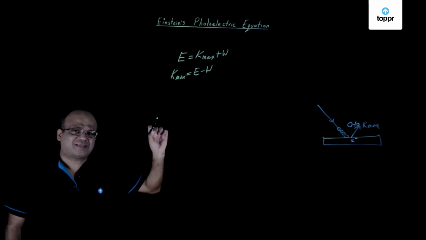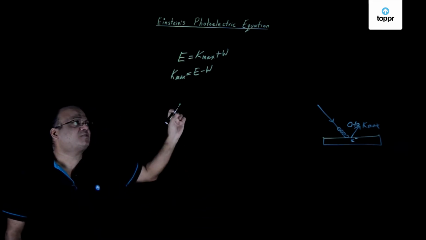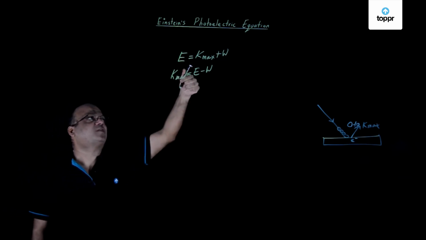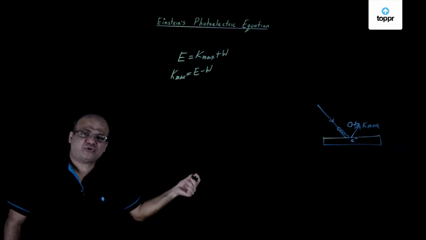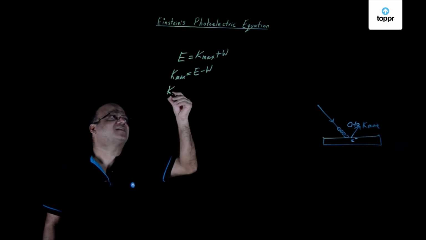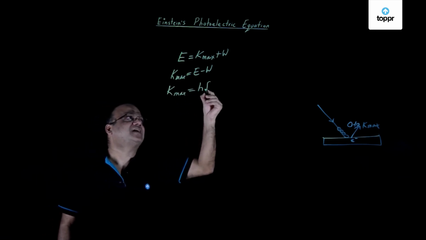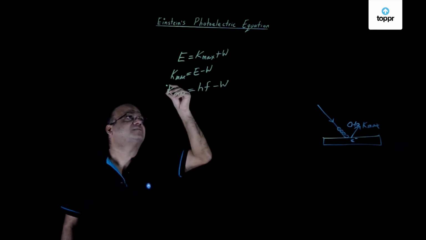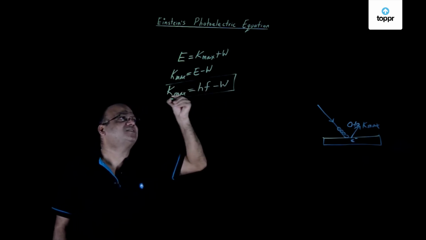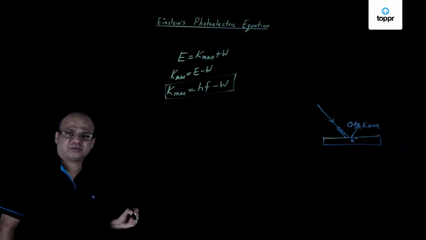Now K max is E minus work function from this equation. E is the energy of the photon, so K max becomes hf minus work function. This is Einstein's photoelectric equation.